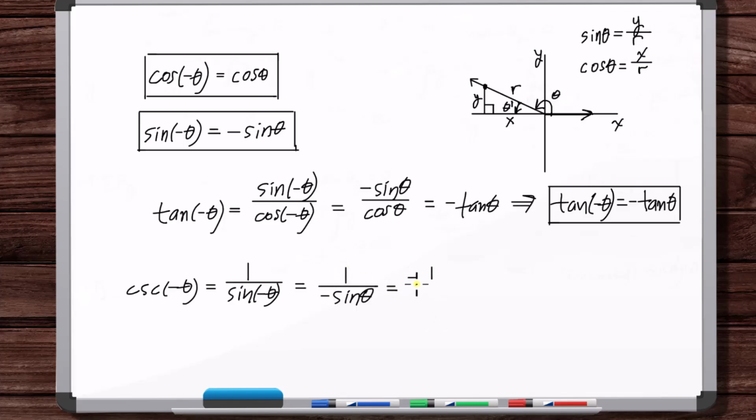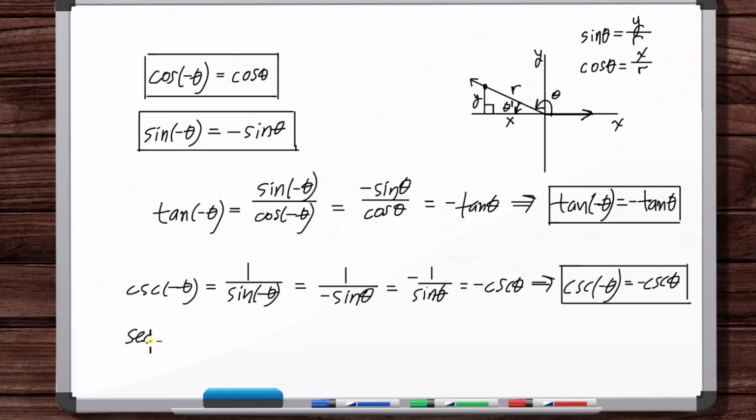So that's minus 1 over sine theta. Well, 1 over sine theta is cosecant theta. And there you go. Cosecant is an odd function.